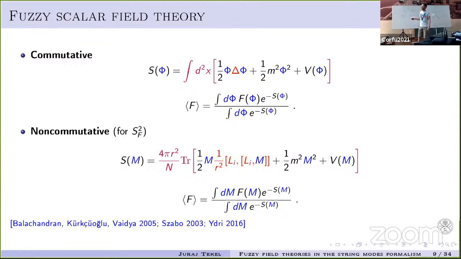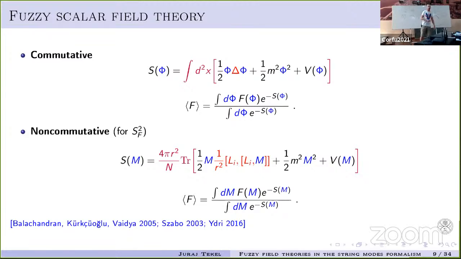As I said, fields become matrices, space-time integral becomes a trace of this matrix, derivatives become commutators with generators of the rotations, and most importantly, the path integral over functions becomes now a well-defined finite dimensional integral over the space of matrices. And you define your theory through these functional correlation functions, and you let Feynman diagrams do their magic.